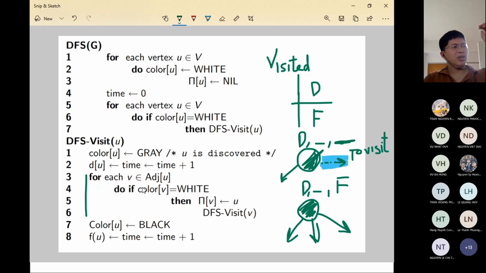So from the code, we go through all adjacent nodes of a given node.